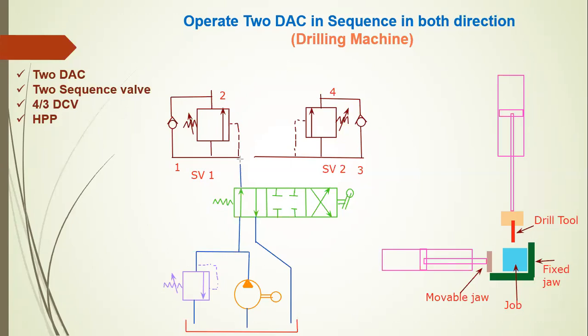The first sequence valve is connected to SV1. SV1 means sequence valve 1. The oil passes from the direction control valve to the sequence valve, and from the sequence valve to the bypass, and the bypass is directly connected to cylinder 1, because we have to move the job inside to the point. So each line is connected to cylinder 1.